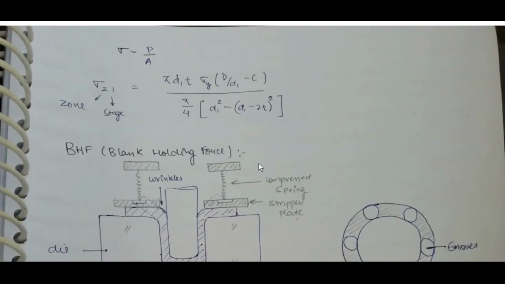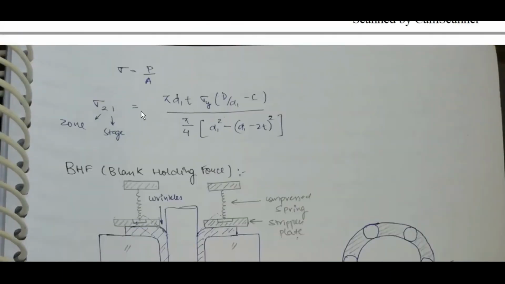Sigma is equal to P by A. Sigma in zone 1, stage 1 is equal to pi d1 t into sigma y into (D by d1 minus c) by pi by 4 into (d1 square minus (d1 minus 2t) whole square).